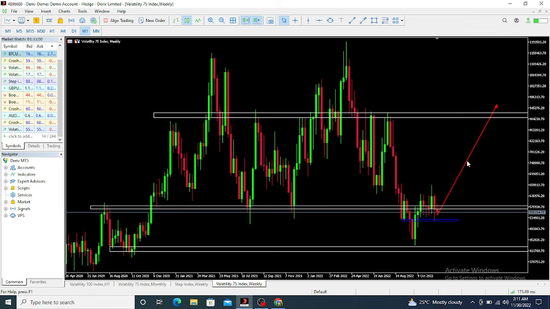I can bet you it's going to work if and only if you're patient enough to wait for the market to always come back to these zones for you to trade. Before you trade, you make a lot of money.